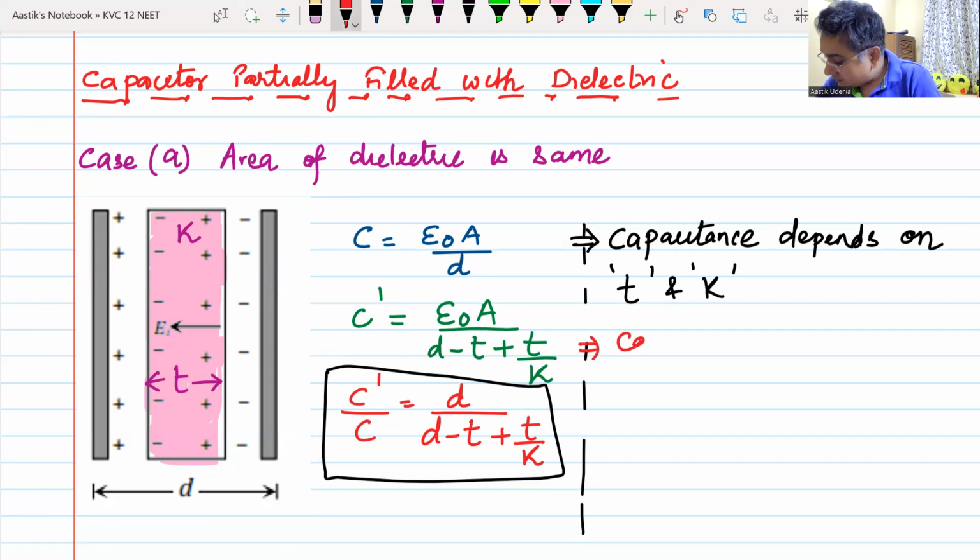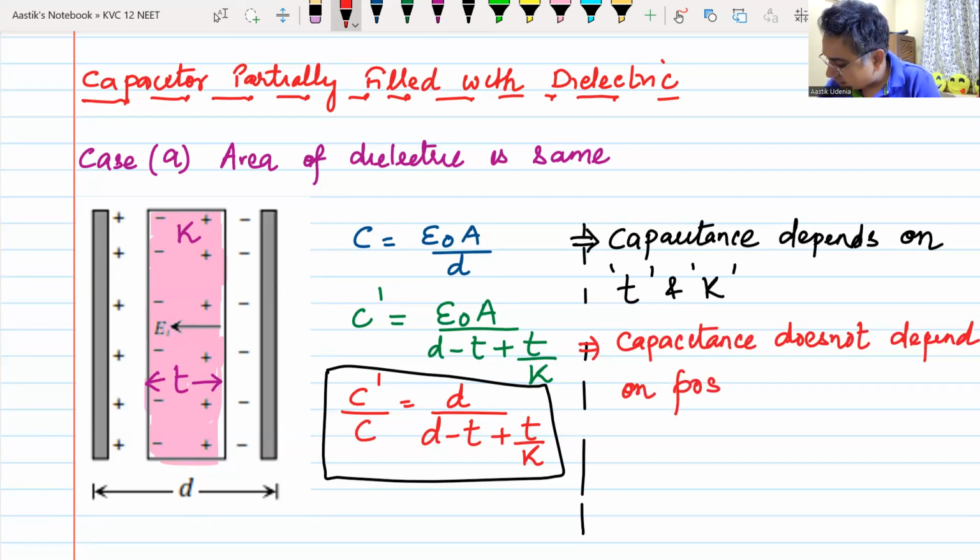Remember, this capacitance does not depend on, very important point, the position of the dielectric, where it is placed. You can place it in contact with the first plate, the positive plate. You can place it in contact with the second plate, the negative plate. You can place it anywhere in between. It does not depend on the position of the dielectric slab.